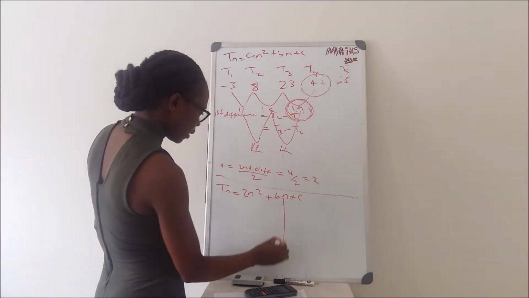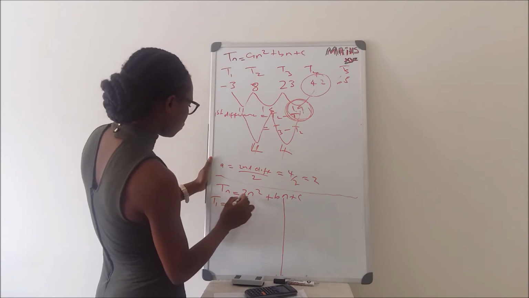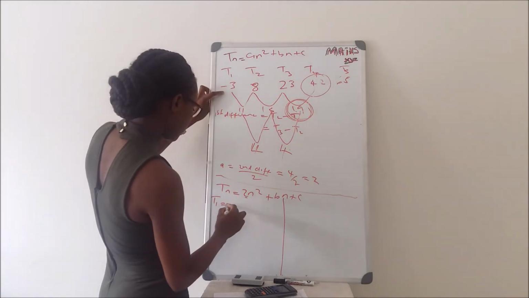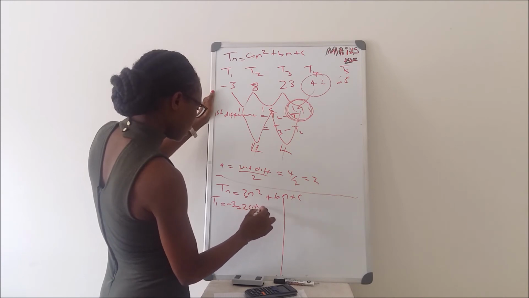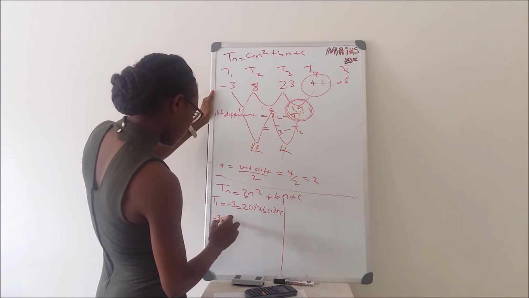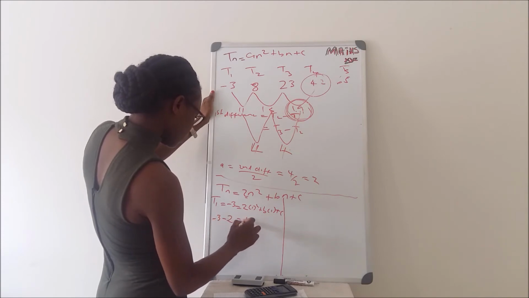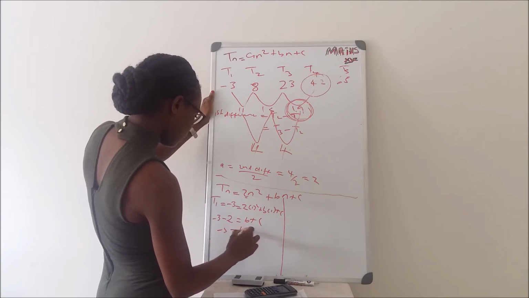Right, so from here we substitute T1, which is equal to -3. It's equal to 2 into 1 squared plus b into 1 plus c, of which it will be -3 minus 2 is equal to b plus c, so -5 equals b plus c.